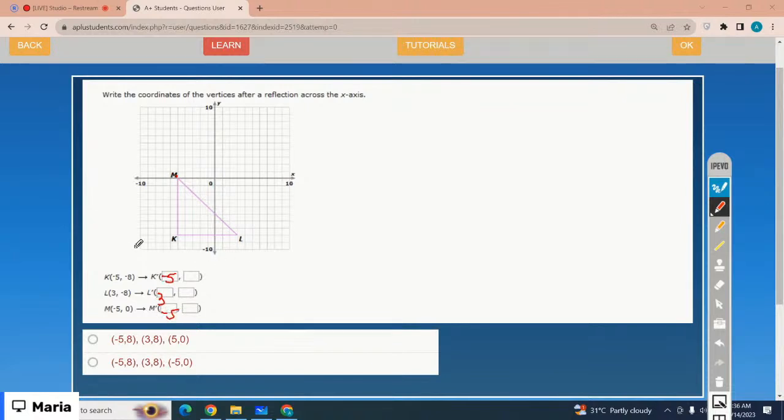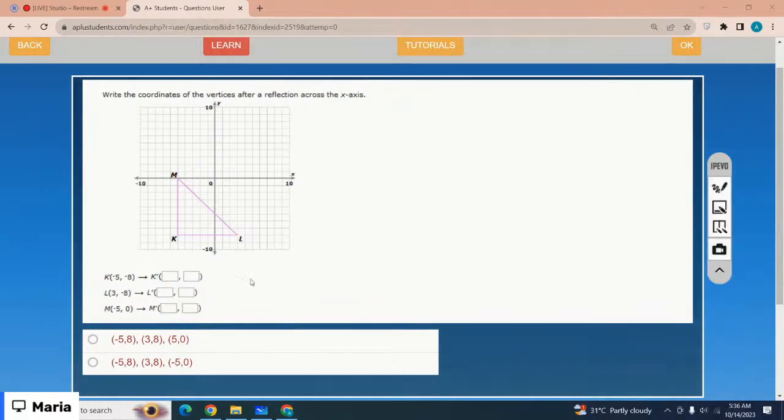Just y values have changed to the opposite sign, right? That would be negative 5 and 8, 3 and 8, negative 5 and 0, right? So they are negative 5, 8, 3, 8, 5, 0, right? Option number 1 is the correct option.